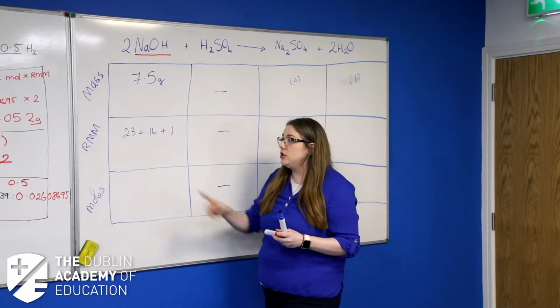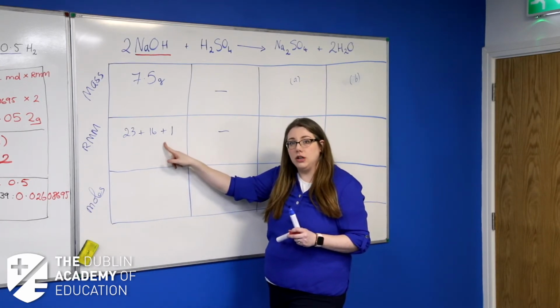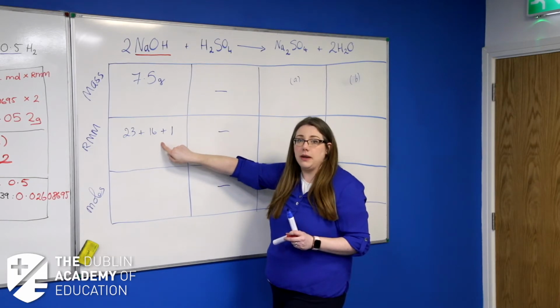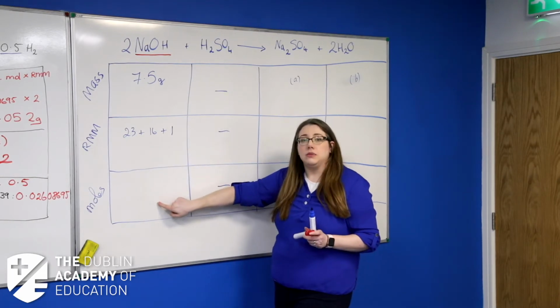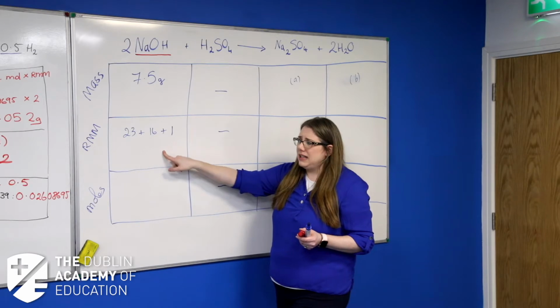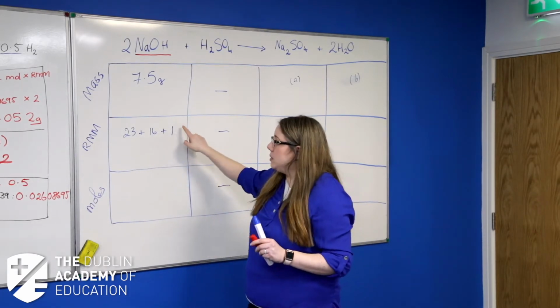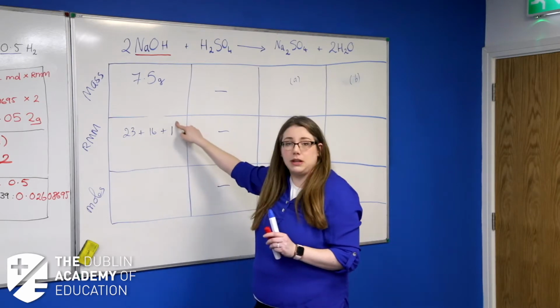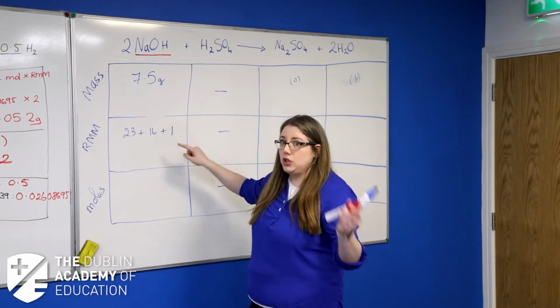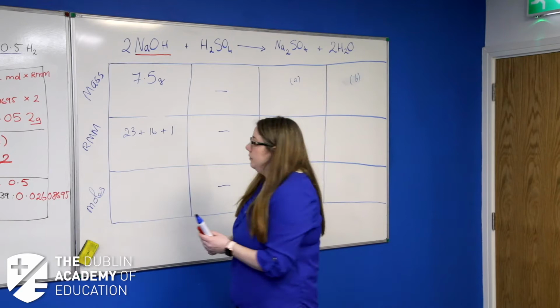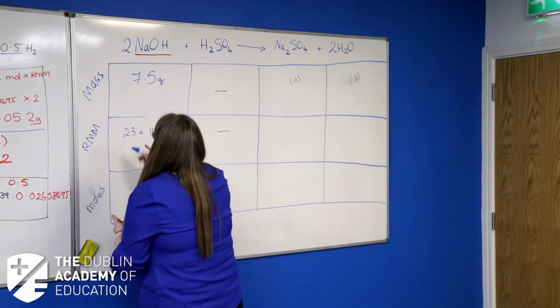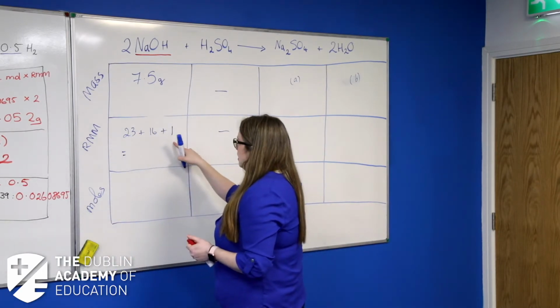The 2 in front does not impact here at all. Do not take it into account in the RMM. We're going to take it into account with moles. Some people teach it to take it into account here, and I don't like it. It confuses things a little bit. So it's only the sodium hydroxide RMM. It's not 2 of them, just 1. So that's going to give me 23, 16, and 1 is 40.